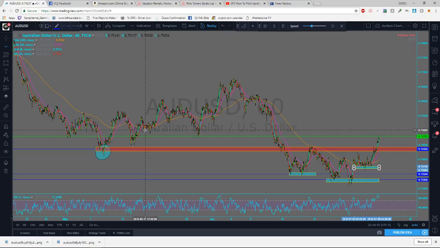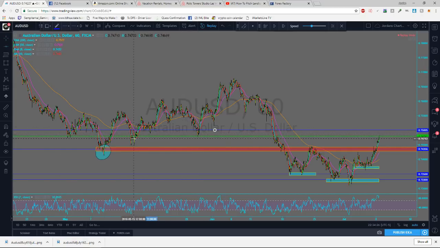Maybe you could have went with 7.5, right? Just because if you notice all those wicks in that area, right? Maybe you could have taken a more conservative take profit, just off of this.